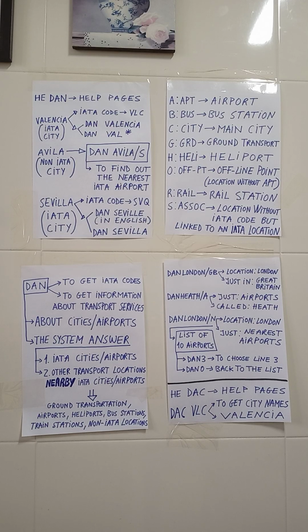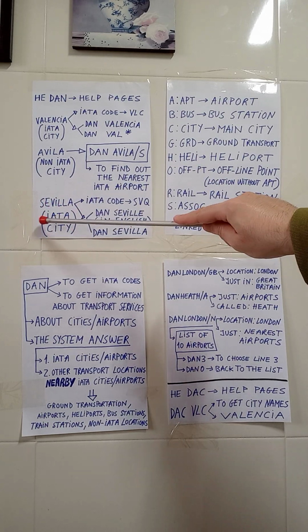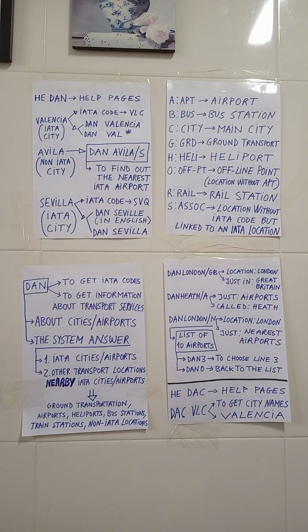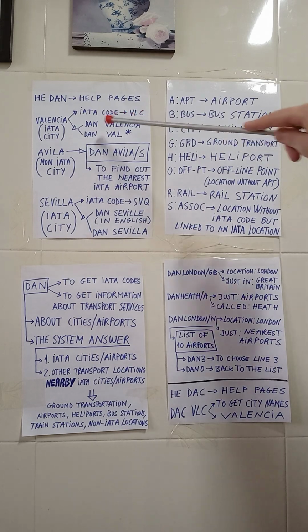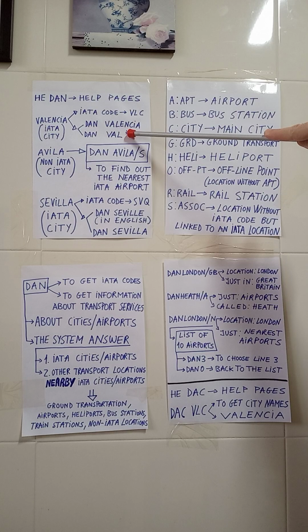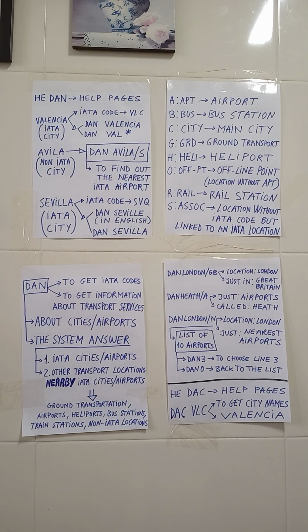Below we see the name of another Spanish city called Sevilla, an IATA city, okay? Because it is IATA. To get its IATA code, which is SVQ, we have the two options explained. For Valencia, this option and this option, but I take advantage of this example to explain the option of searching for it in two languages.